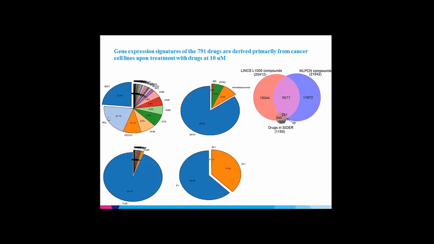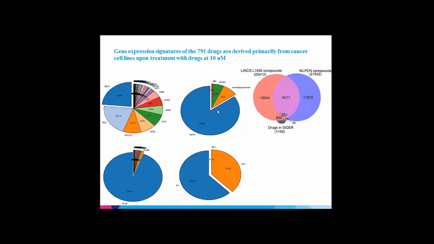So we can see most of the gene expression signatures were generated from the MCF7 or PC3 cell lines, and when categorizing those cell lines into the types of cell lines, we can see most of those are cancer cell lines, and also a small portion of those are immortalized normal cells or primary cells.